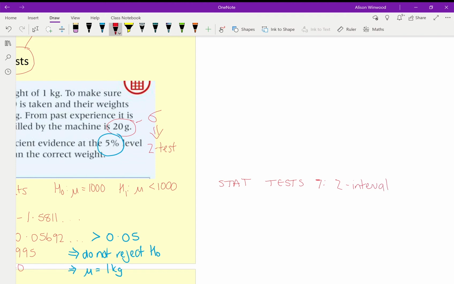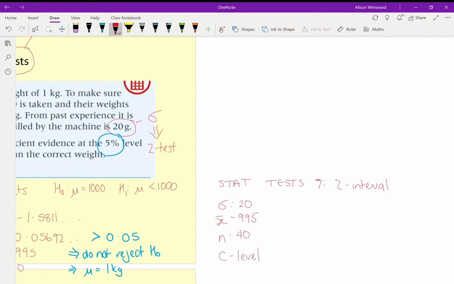And you'll find that it's already transferred the data across from the first part of the question. So it's told us that sigma is 20, x bar is 995, and n is 40. We just need to put in the confidence level.